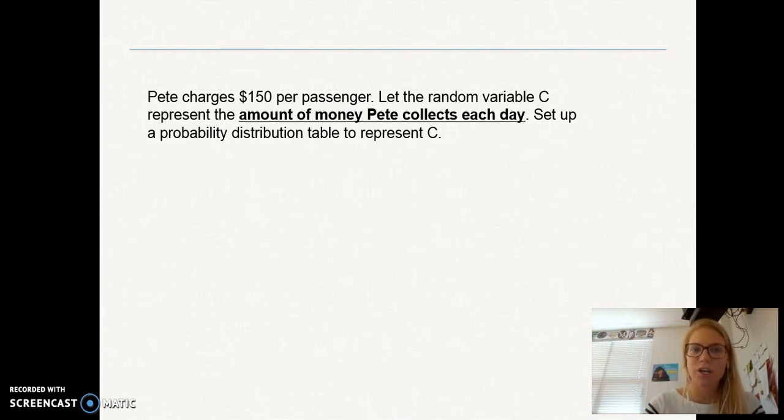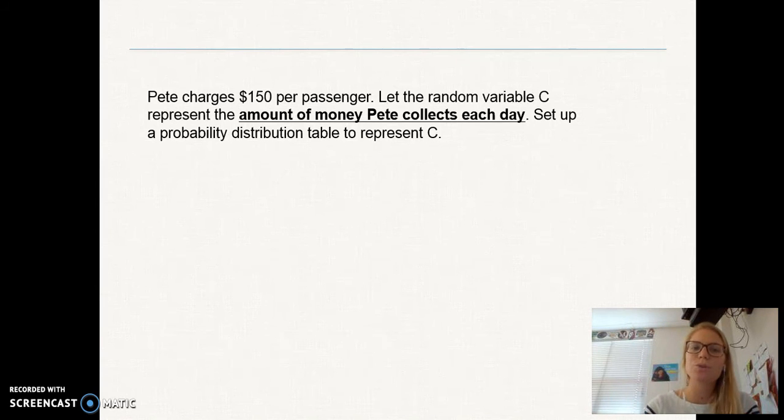If he's charging $150 per passenger and he has an average of 3.75 people, I want you to think about how much money he can expect to have on any given day. You might have an idea of how to calculate that, but let's do it the long way so you can see how it works out.